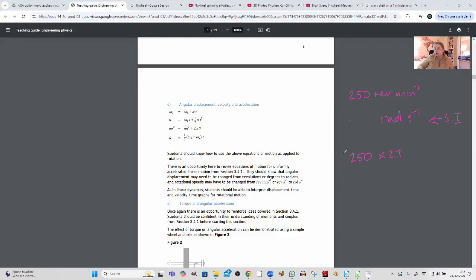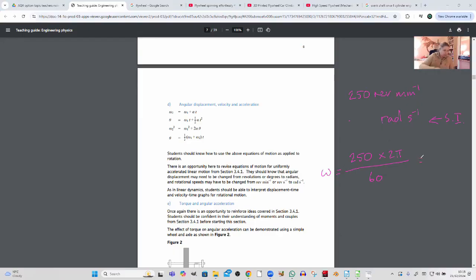Now we've got radians per minute. We want radians per second, so we divide by the number of seconds in a minute, which is 60. Now this is omega, in radians per second.